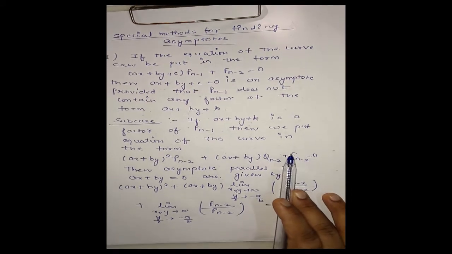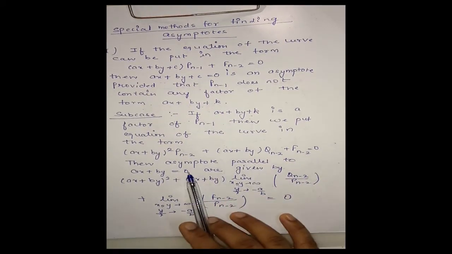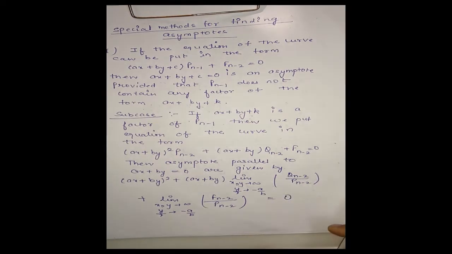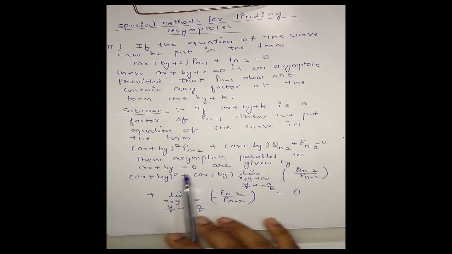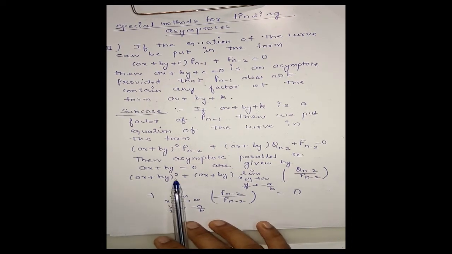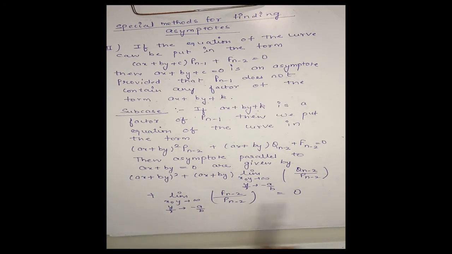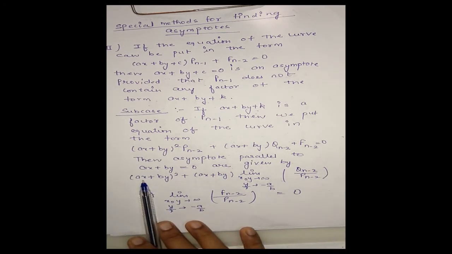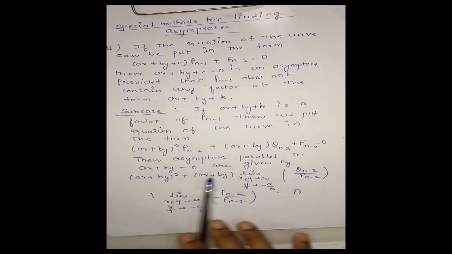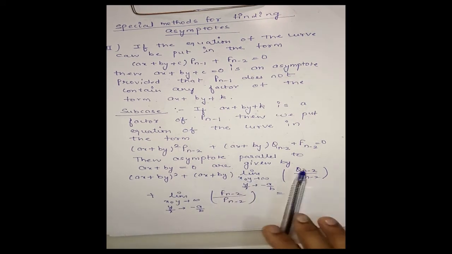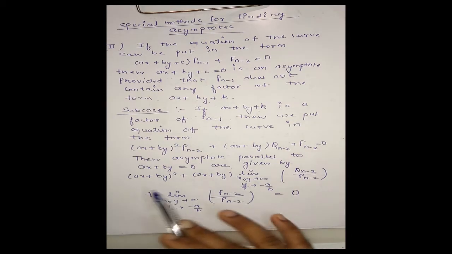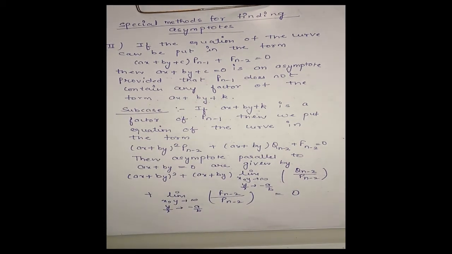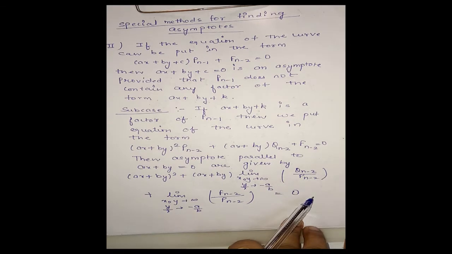In that case, we have a quadratic equation in ax + by, and the asymptotes parallel to ax + by = 0 are given by (ax + by)^2 + (ax + by) times a limit plus the limit of F_{n-2} upon P_{n-2} equal to 0. The asymptotes parallel to ax + by = 0 are given by solving this equation.